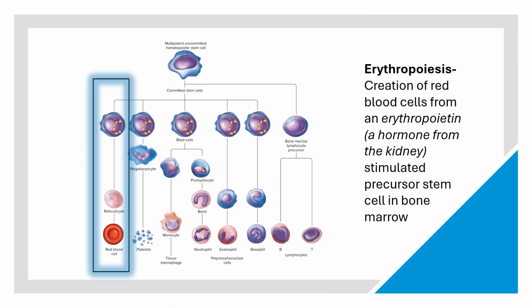So if we focus on this left-hand side, the name of this is erythropoiesis, and it's the creation of red blood cells from a cell that's hanging out in the bone marrow, waiting to be turned into a red blood cell.